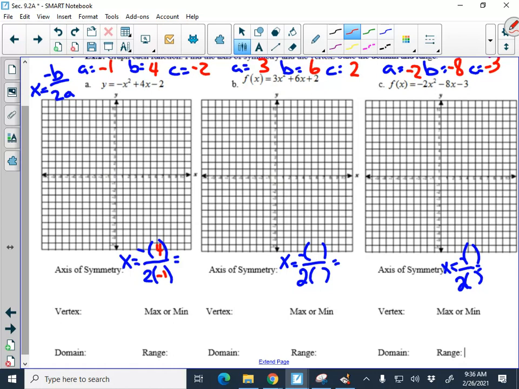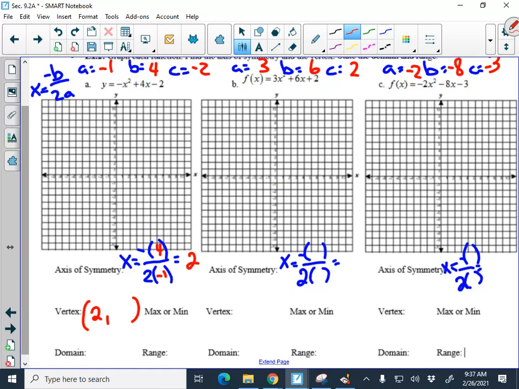Going to be positive 2. Now you can type it in the calculator, but a lot of that you should be able to do in your head. The goal is to get that and figure out that the axis of symmetry is 2. That means our vertex is 2 comma something. When you get the axis of symmetry, you get the x value of the vertex. 2 comma something.